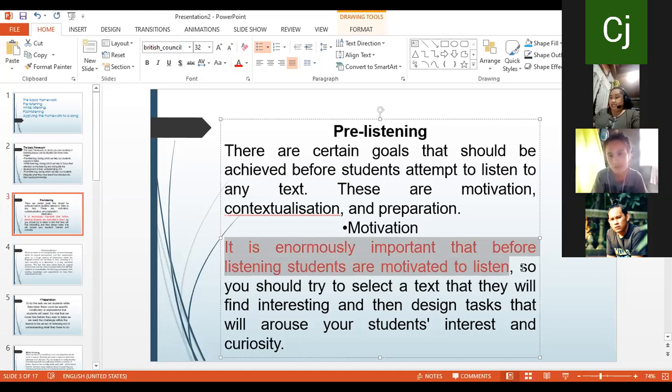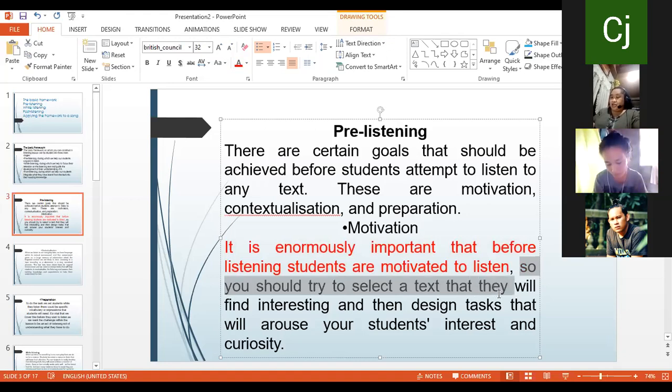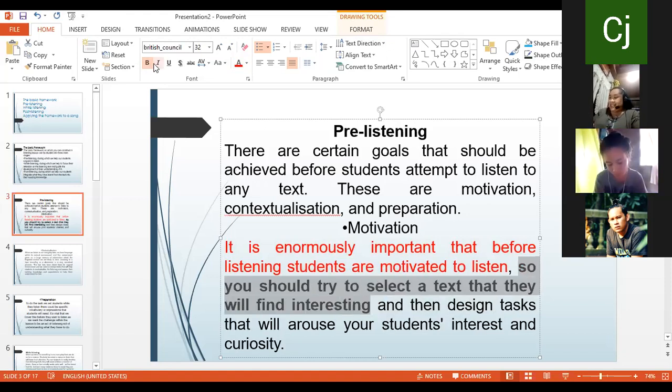The problem is that some students really don't want to listen. That is difficult, especially if there are new texts. As a teacher, you should select a text that they would find interesting. Don't choose texts that are very boring to them.